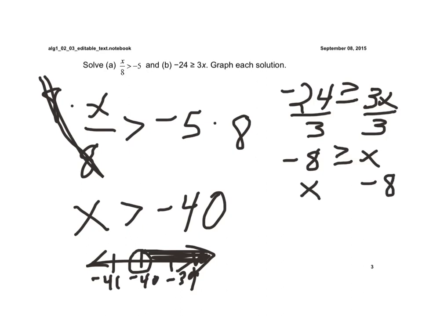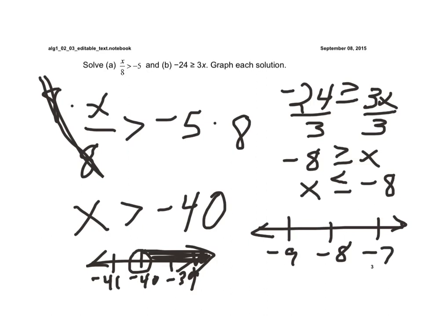Since the alligator was eating the negative 8, I want the big mouth open to the negative 8. Now I'm ready to graph. I have negative 9, negative 8, negative 7, in order from least to greatest. It's equal to this time, so I close that in, and it'll be shaded to the left because it's less than or equal to.